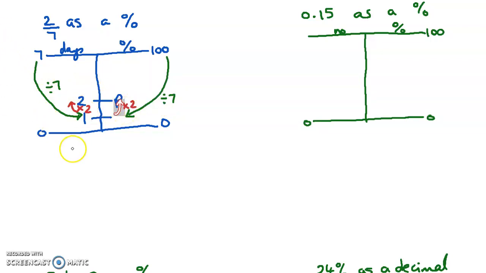And that would tell me that my percentage is, let's follow those arrows backwards. It's going to be 100. What did I do to it? I divided it by 7 and then I multiplied by 2. And that gives me 28.6% when I don't scroll off the page.